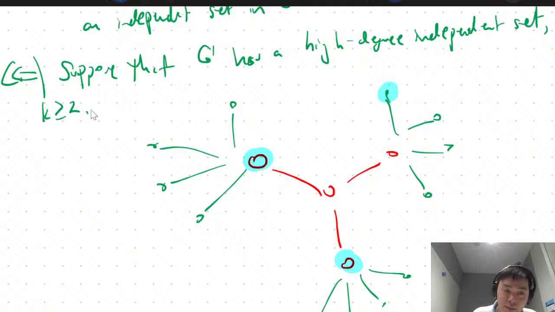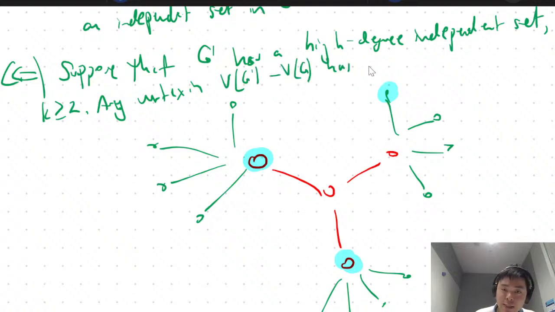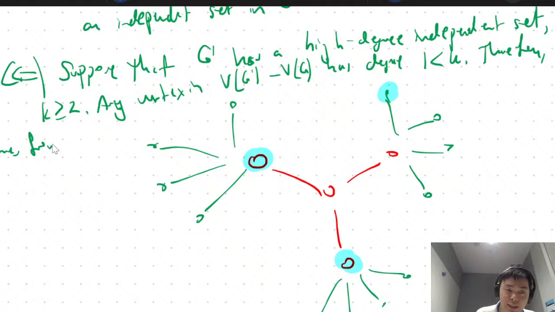So any vertex in V of G prime but not in G has degree 1, which is smaller than k. So therefore I prime comes from G, and we're basically done.